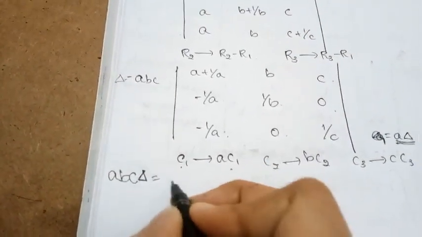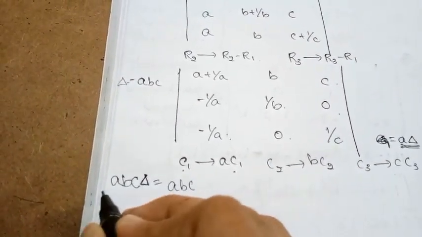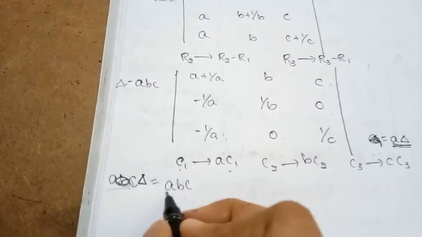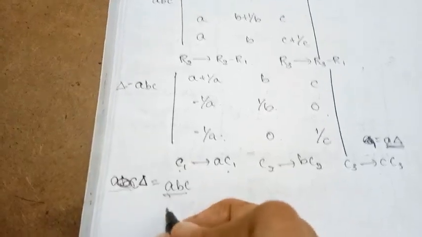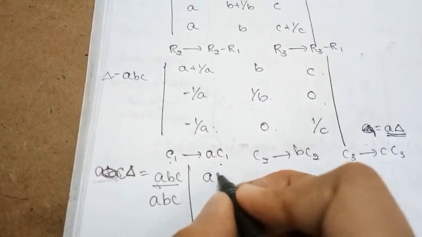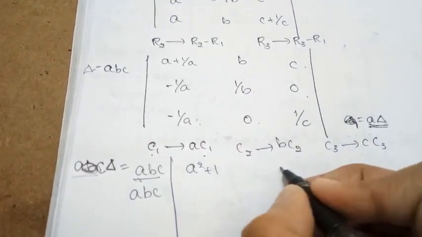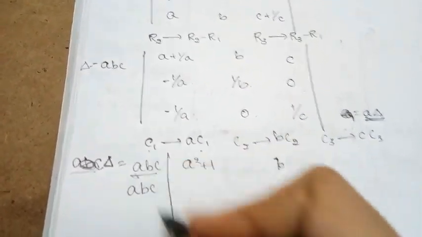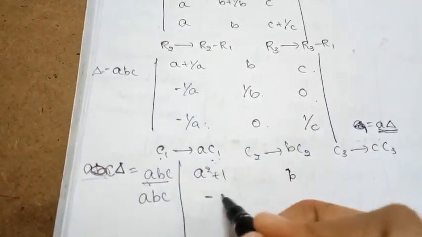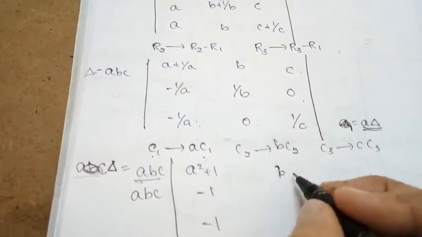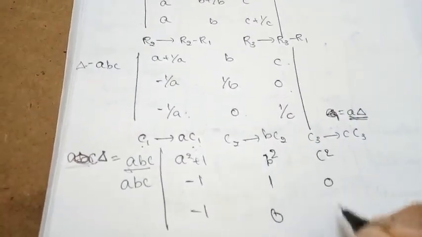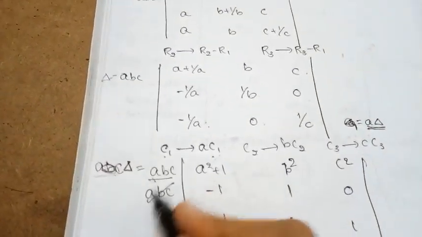Yes, abc times delta, but we do not require abc times the determinant, we need only the value of the determinant. So I am taking this to the RHS, it becomes divided by abc. So here it becomes a square plus 1, minus 1, minus 1, here b square, 1, 0, c square, 0, 1, and here abc gets cancelled.